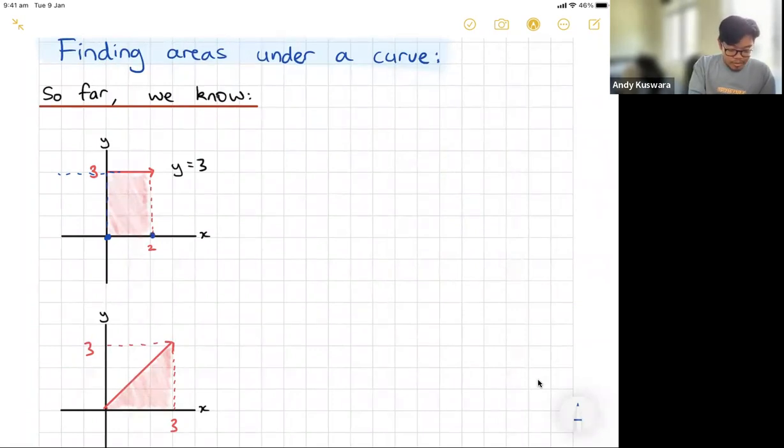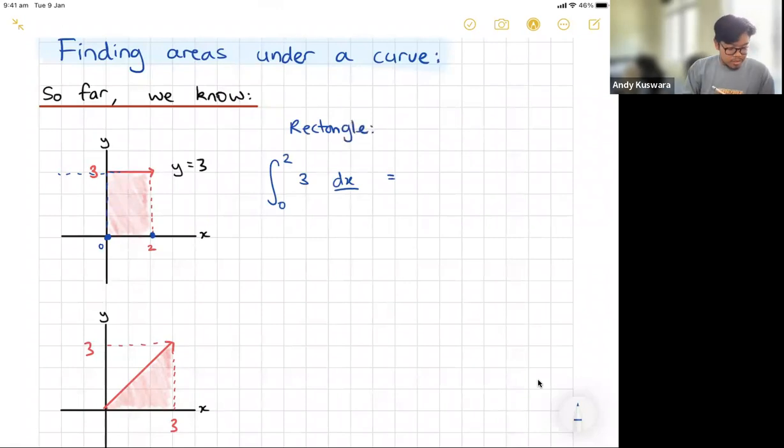So the way that I would say this is, my integration of my line y equals 3 between my two values 0 and 2. And I'm integrating with respect to x because that's all we're really going to do for the time being. Now I'm trying to find the area of the shaded region. As you can see, it's a rectangle. So I'm going to write that down.